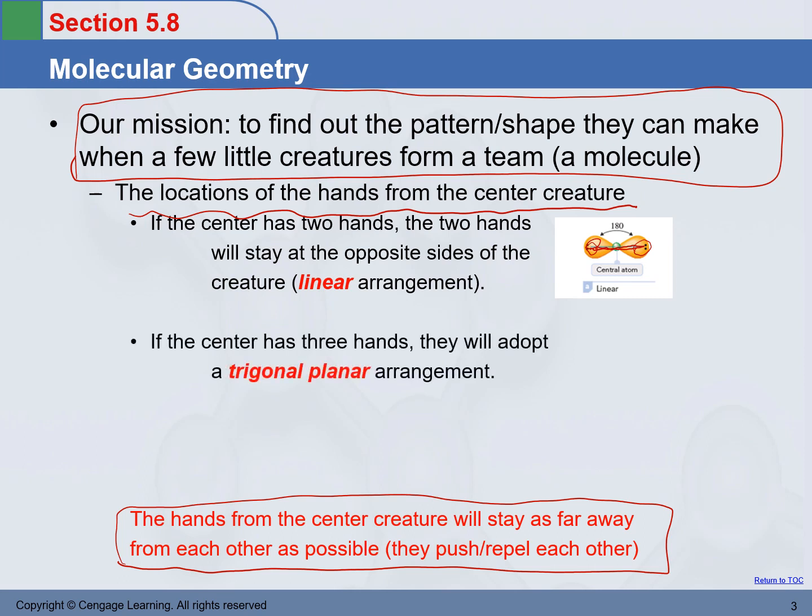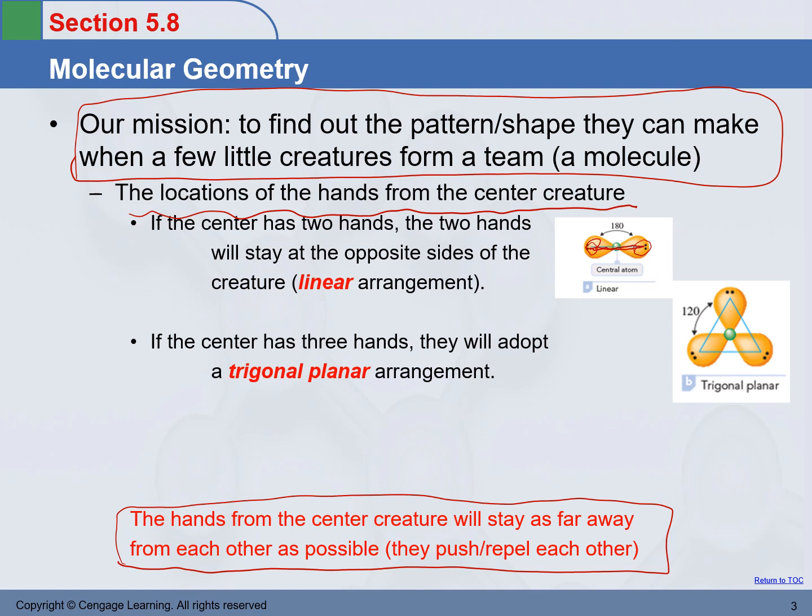What if the center has three hands? Think about three hands on a little creature, pushing around, fighting, repelling each other. Finally, they will take a final balanced position, with nowhere to move. And that shape will look like this. None of them could move away from this position. The three hands will be in the same plane.